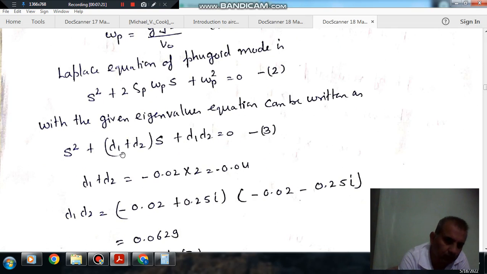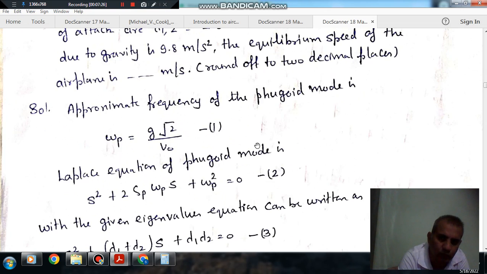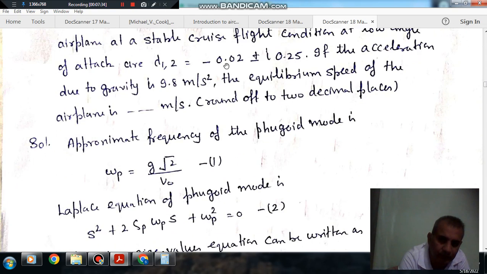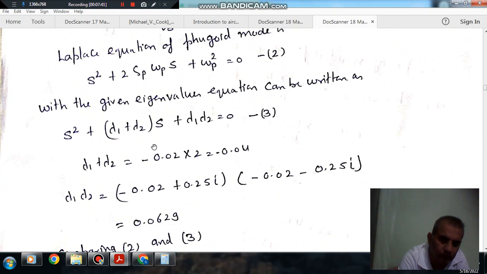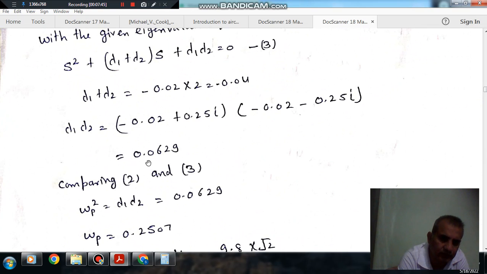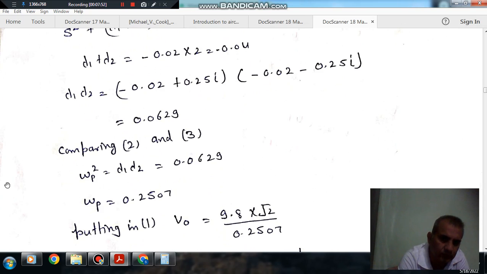Here we have the summation of eigenvalues and the product of eigenvalues. The two eigenvalues are minus 0.02 plus i 0.25 and minus 0.02 minus i 0.25. So lambda 1 lambda 2 comes out as 0.0629.